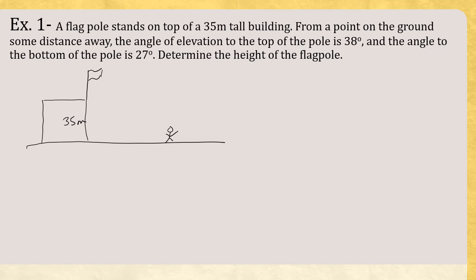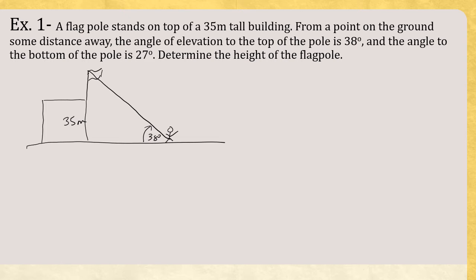So it says from a point on the ground, the angle of elevation. Now you have to recall your knowledge of what angle of elevation means. Angle of elevation always comes up off the ground and goes up, something like that, and it says to the top of the pole, that's 38 degrees. The angle to the bottom of the pole is 27.